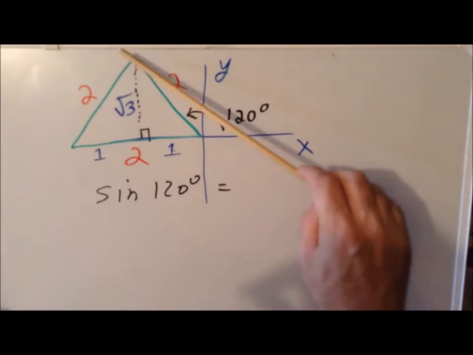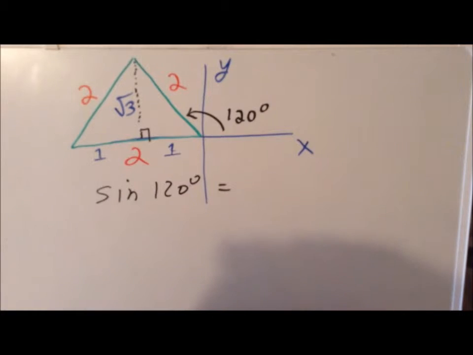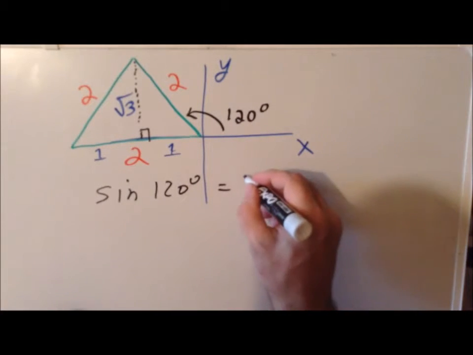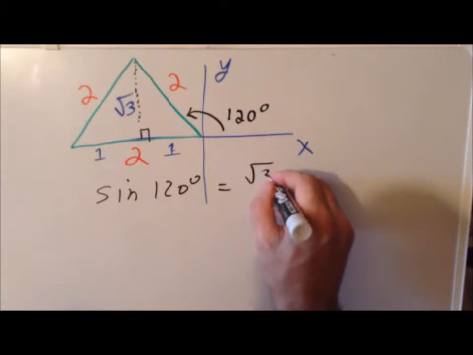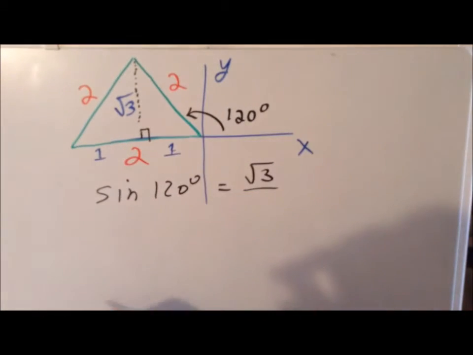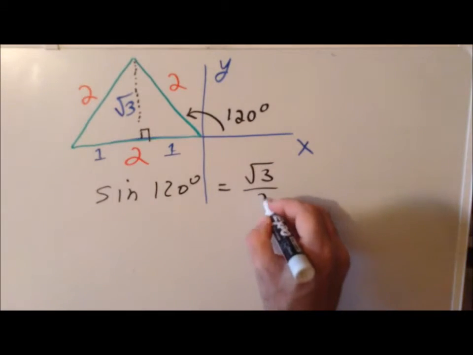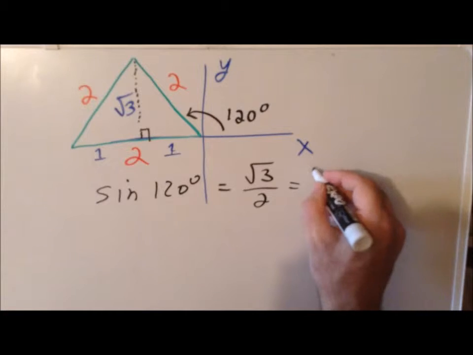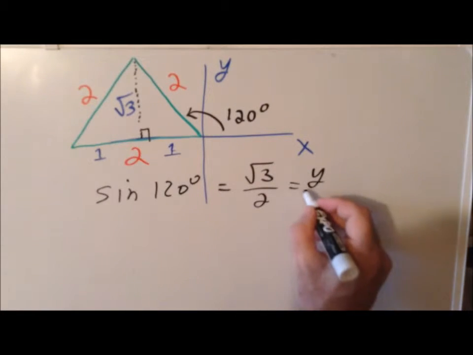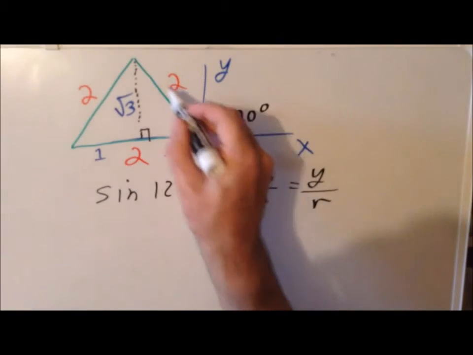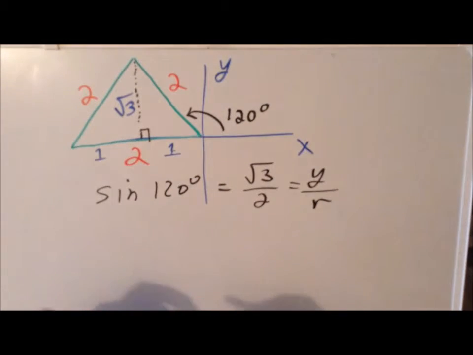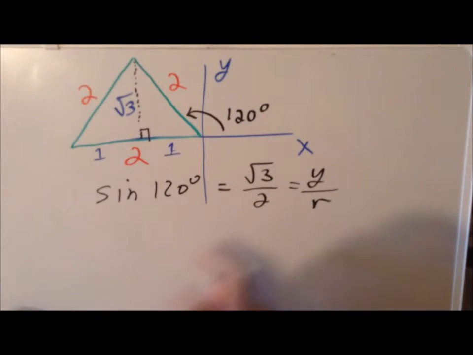So the y value is the square root of 3 divided by the length of the hypotenuse, which is 2. Now recall to do this in symbols, that is the y coordinate, and this is the length r. We notice that r is equal to 2 in this particular case. So we see that the sine of 120 degrees is going to be the square root of 3 over 2.